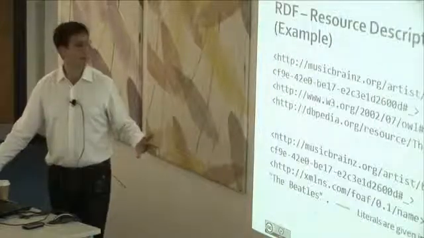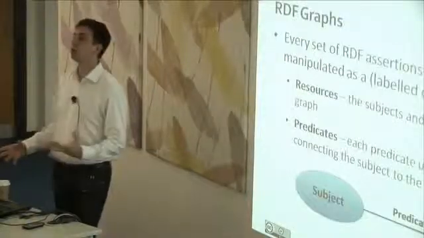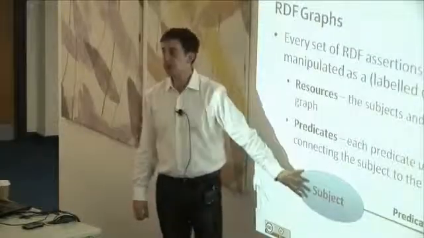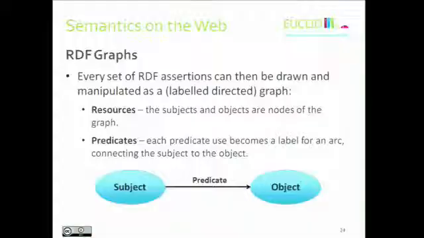Every one of those statements can also be drawn. Okay? We draw an arrow from the subject resource to the object resource in a graph, and we use the predicate to label that arrow to say what the relationship is.